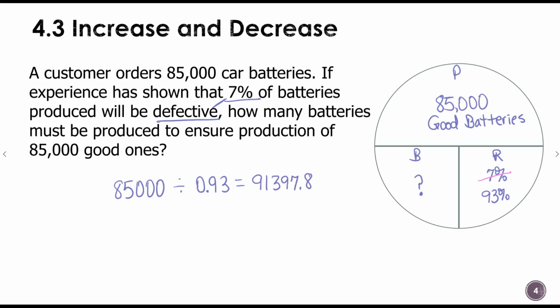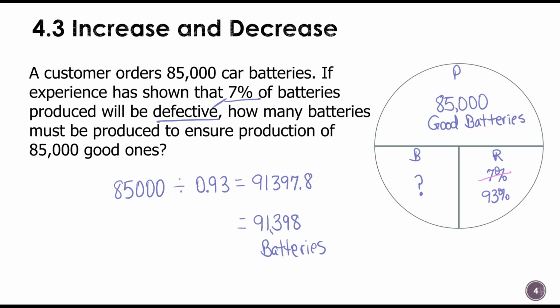And we're just going to round that to a whole number. So we would need to produce 91,398 batteries to get enough batteries produced to get 85,000 batteries that are the good ones, and the rest are the bad ones.